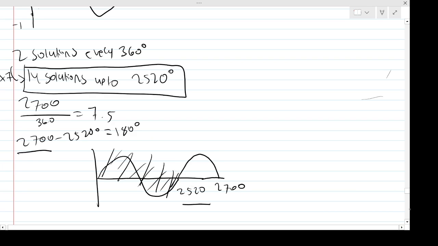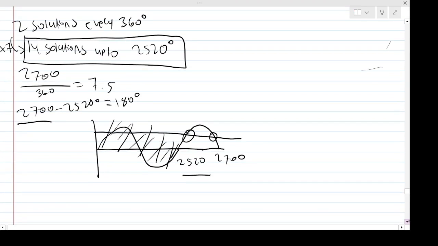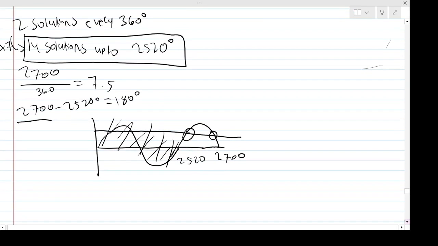So if k is positive, well, there's going to be 2 more, aren't there? And so there we are. If k is positive, we get 2 more solutions.